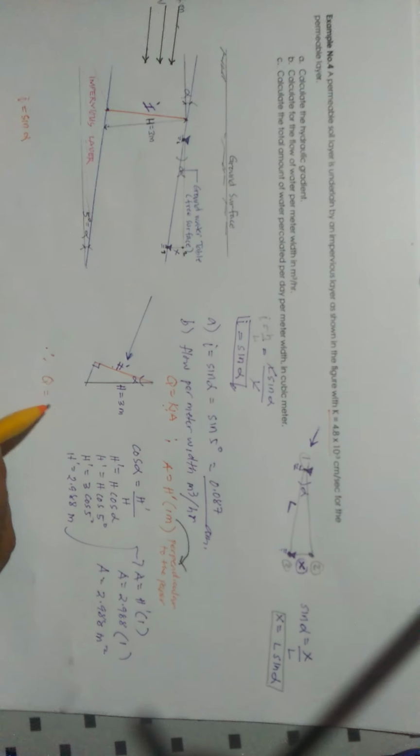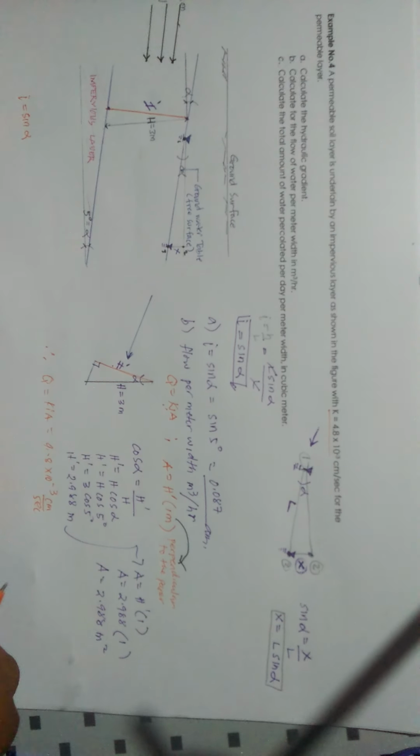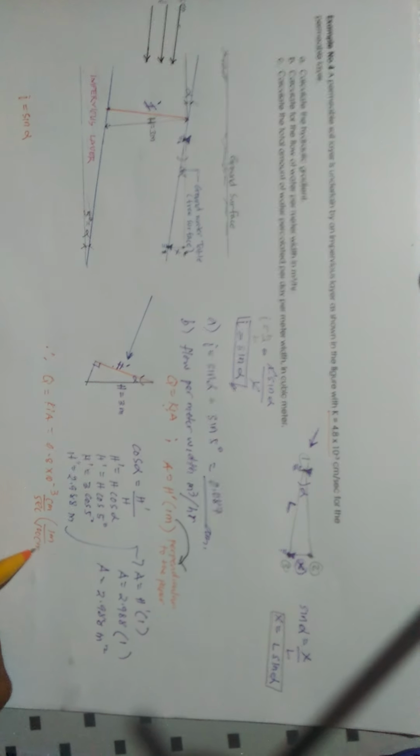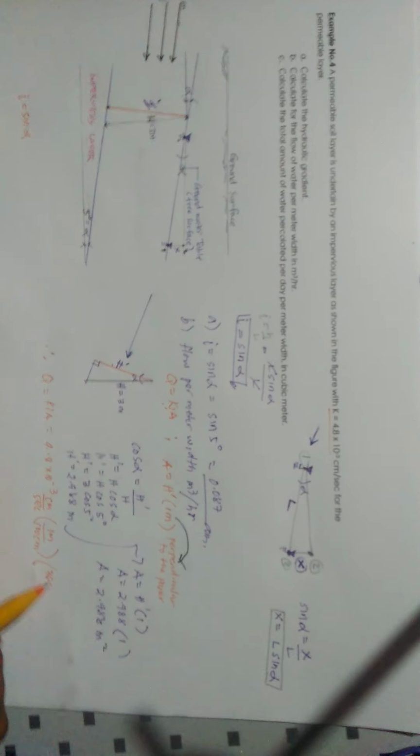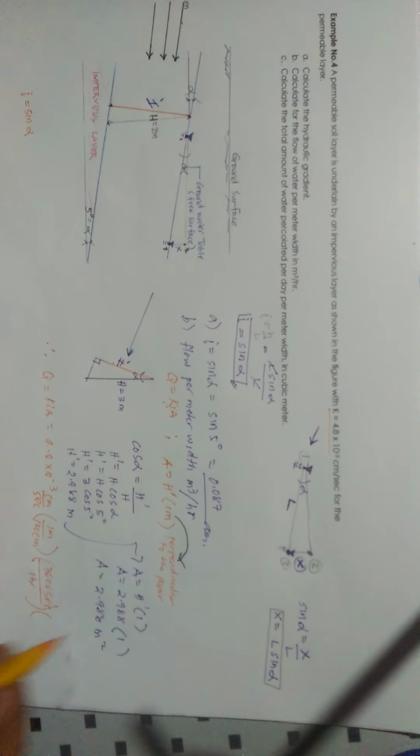Therefore, Q is equal to KIA. K is 4.8 times 10 raised to negative 3 centimeter per seconds. Convert na natin kasi yung unknowns in terms of cubic meter times 1 meter divided by 100 centimeter times 3,600 seconds in 1 hour. Okay? Times your I, 0.087 times 2.988 meter squared per meter width.